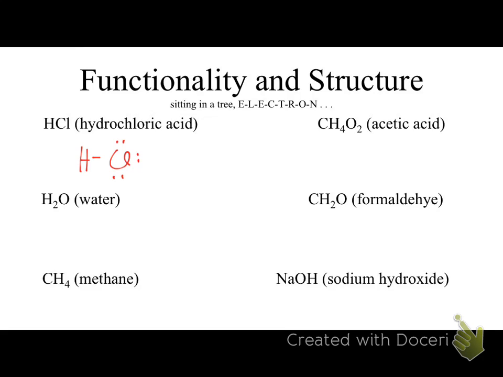So what starts to build on our structure? If we have a polar covalent bond, what happens to the hydrogen? It becomes more positive. Why positive? Lower electronegativity than the chlorine. What happens to the chlorine? Becomes more negative. So we can start to predict something about the reactivity of this molecule.